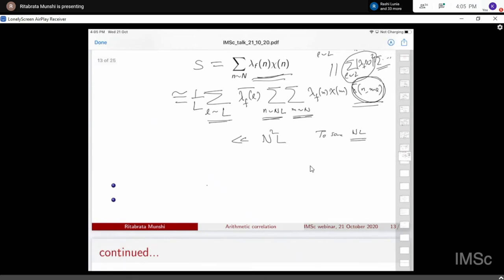Before applying the circle method, this is what I'm trying to detect: N equals ML. I'll do it in two steps.